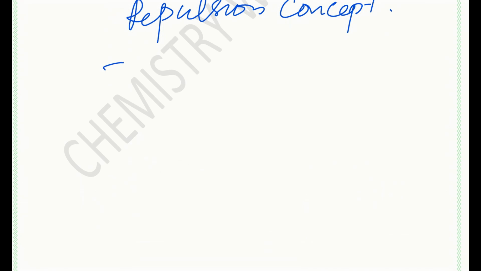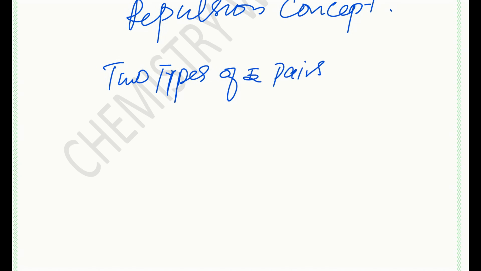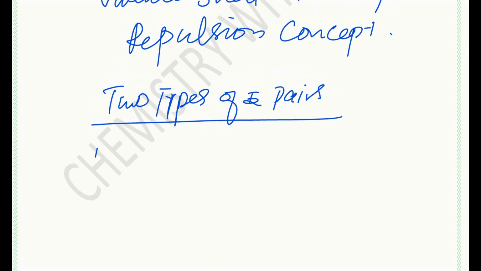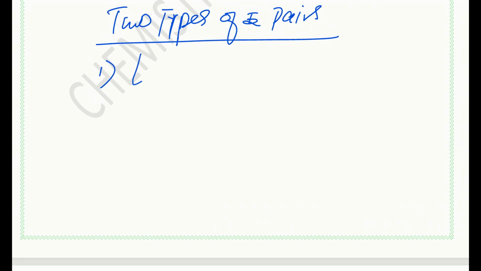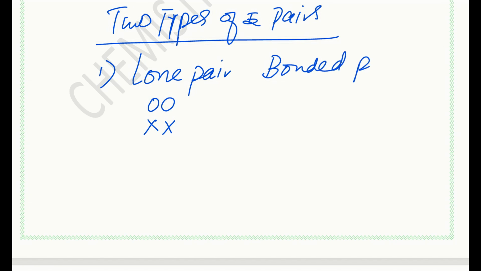Two types of electron pairs, which are number one, the lone pair, and a lone pair can be represented by two dots or two crosses, or bonded pairs, which can be represented by either a cross and a dot or a dot and a cross, right?